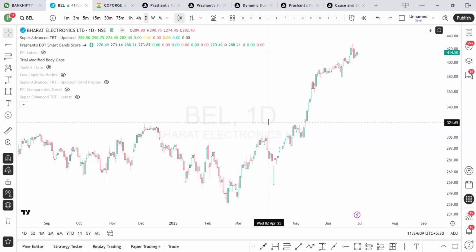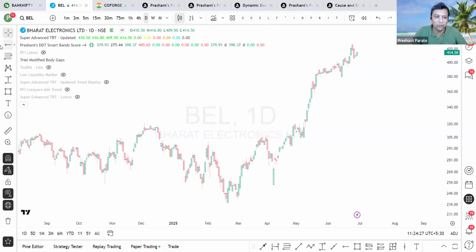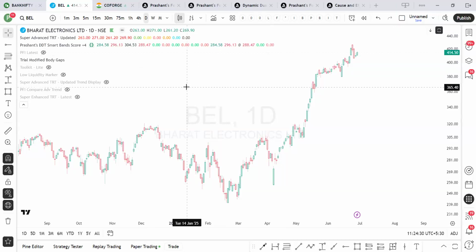But if I have bought only one future lot, and my first target is achieved, then at that time, rather than exiting, I will sell call of that level. Yes, so that is actually a partial profit booking, because you are holding one lot future, you are selling one lot call at the first target.